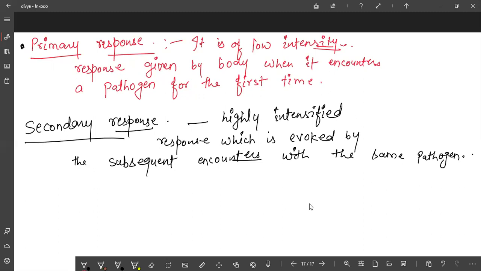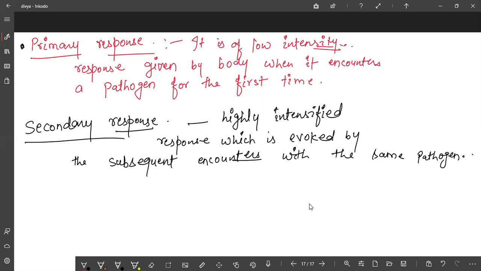Is it clear to you? So you have to learn that primary response is of low intensity, while the secondary response is of high intensity. Primary response is given by our body when it encounters the microbes for the first time, and secondary response is given by our body when the same pathogen attacks our body again.